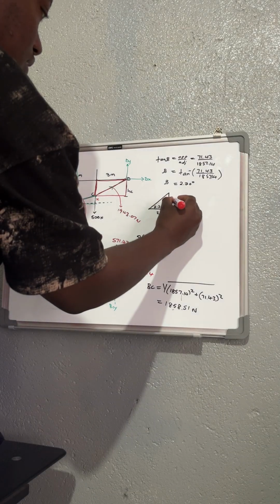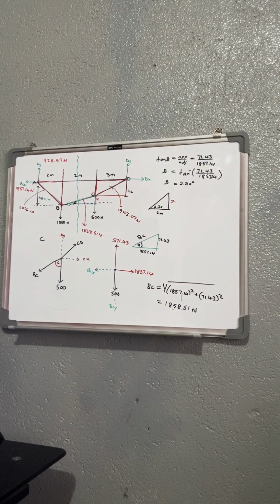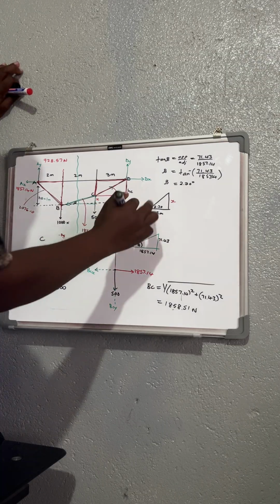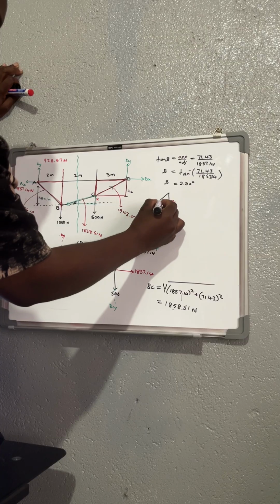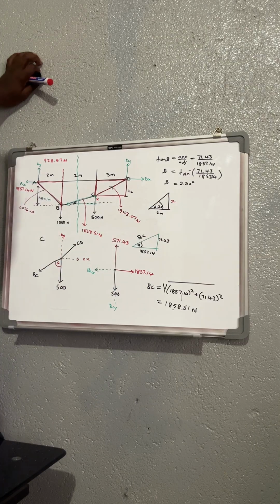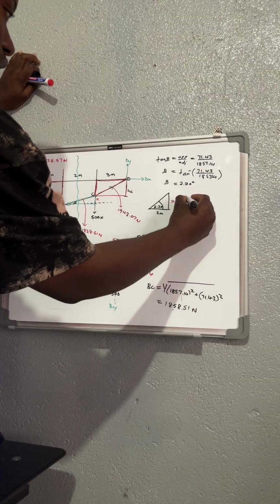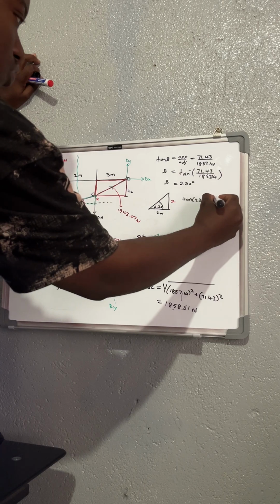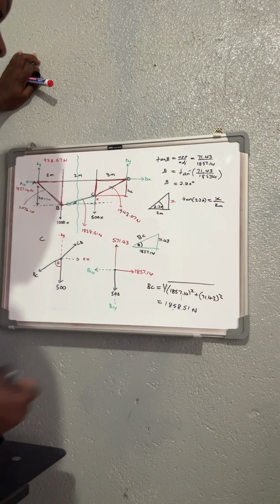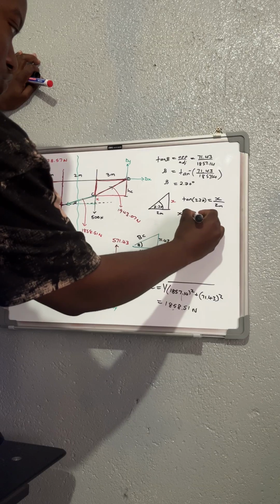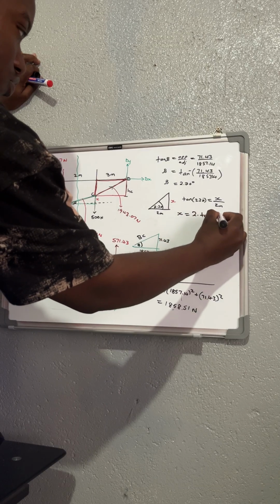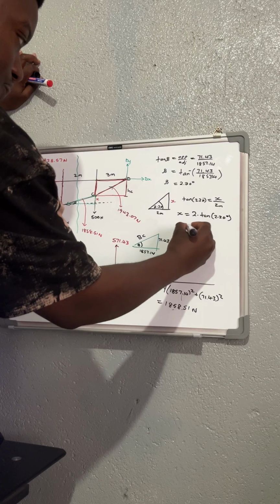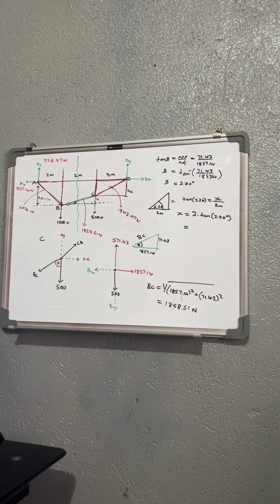So we have the x that is unknown here. How can we find the x? We know that we have this angle here, which is opposite to that one. We can still use tan, and we say tan of 2.20 degrees is equal to x over 2 meter. Then your x would be equal to 2 meter multiplied by tan of 2.20 degrees. Then you get your value for x.